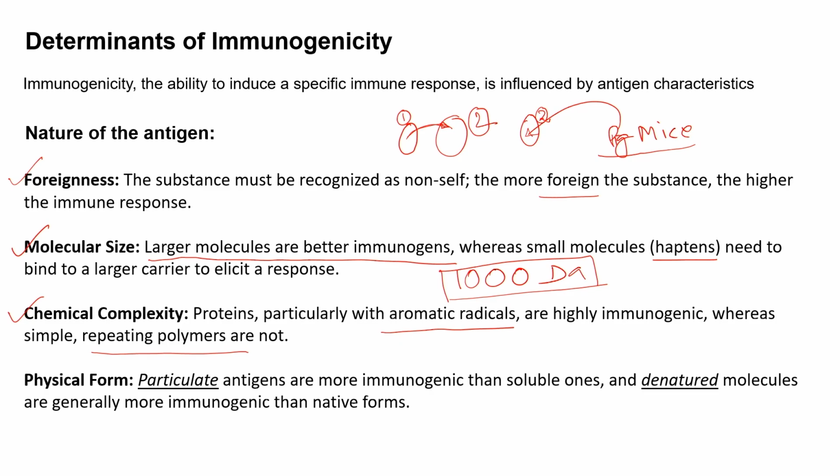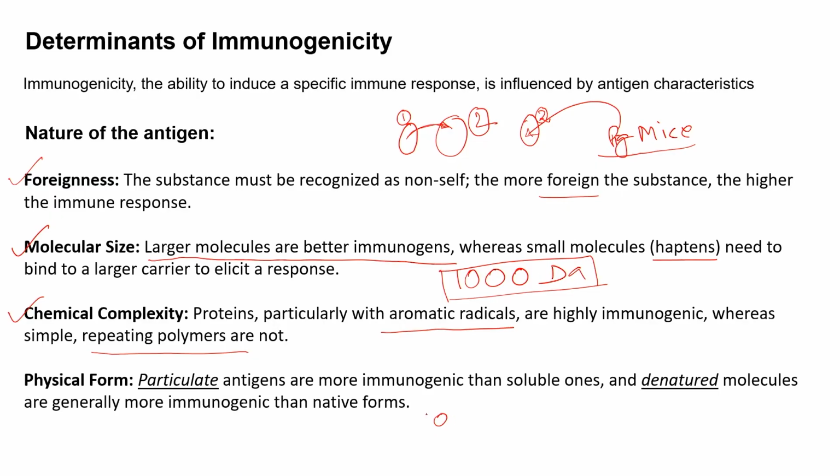The physical form of a protein could also decide this. There are two physical forms: antigens could be in particulate form or in soluble form. Particulate antigens are mostly more immunogenic in nature, while the soluble ones, which are liquid in nature, may not raise an immune response to that extent.